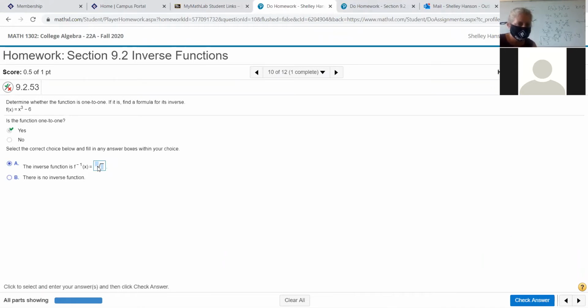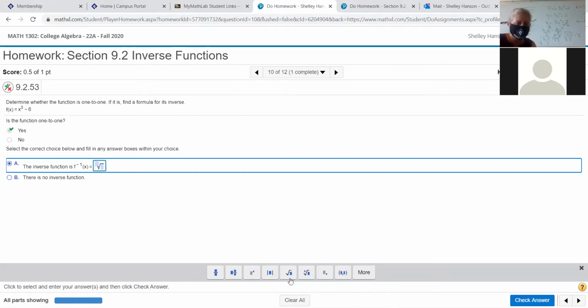Down here, when you click in this, there's 2 different boxes down here. One represents the square root. This other one, with the little blue box in both spots, that represents any other radical that you're going to want to type in that's not a square root. See how it puts that little blue box right there?